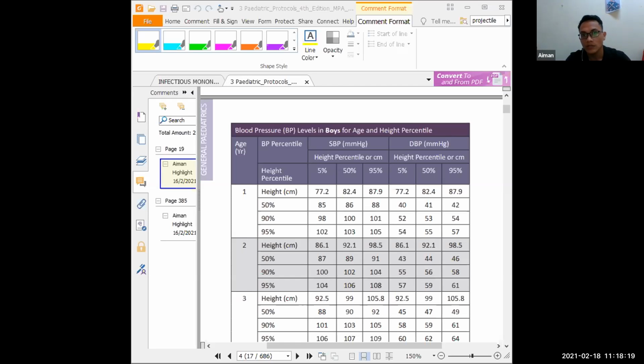In the day, we take it every 15 to 30 minutes. At night, we take it every 30 minutes to 1 hour, because we want to know the variation and eliminate the white coat effect. And we also want to know the effect of the medication that we give to the patient.